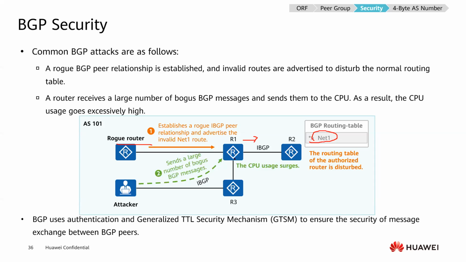It may use a lot of CPU, so it reduces the speed of the device working. So in these 2 scenarios, we can use the BGP authentication and the GTSM, generalized TTL security mechanism, to ensure the security of message exchange between BGP peers.